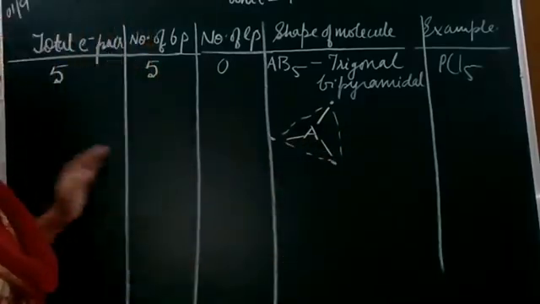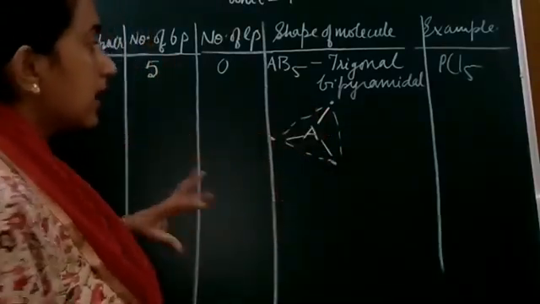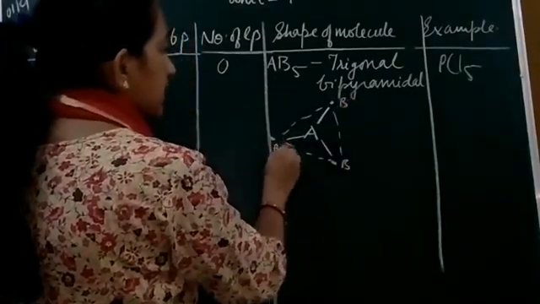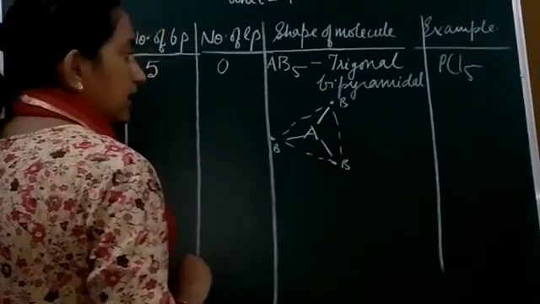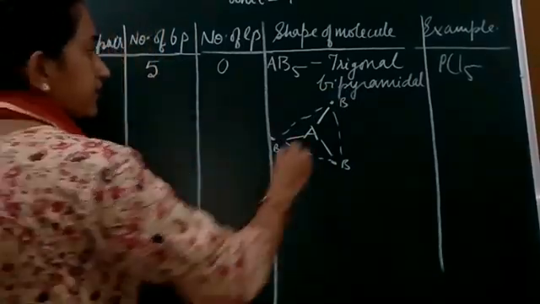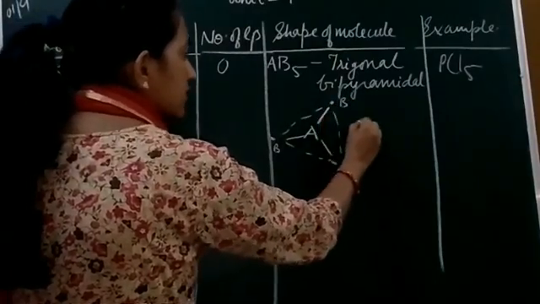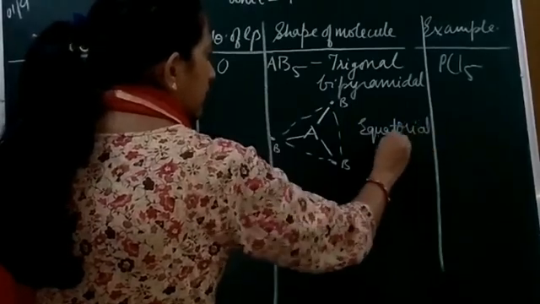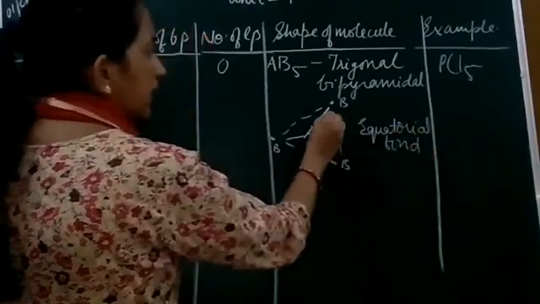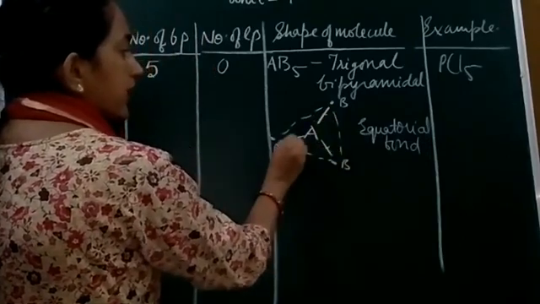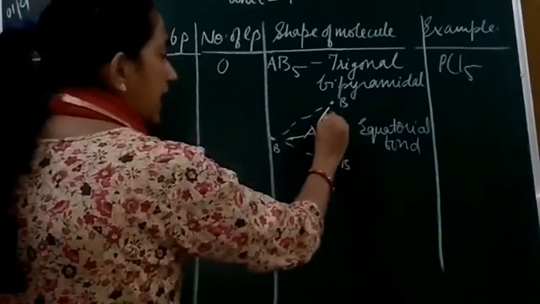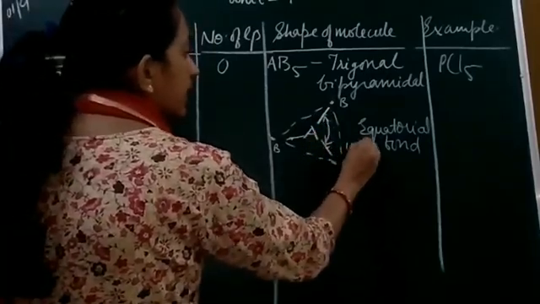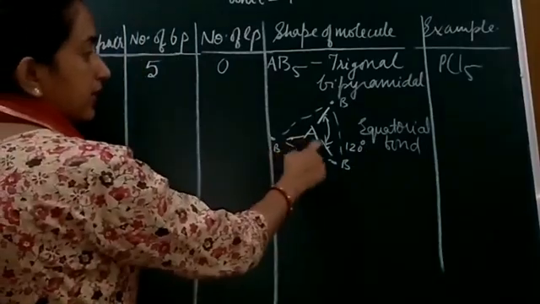You can see here, students, the three bonds are on the plane, this is B, this is B, and this is B. These bonds are called equatorial bonds. Which three am I talking about? This 1, 2, and 3. They are the equatorial bonds, and these three bonds will be 120 degrees apart, here also and here also.